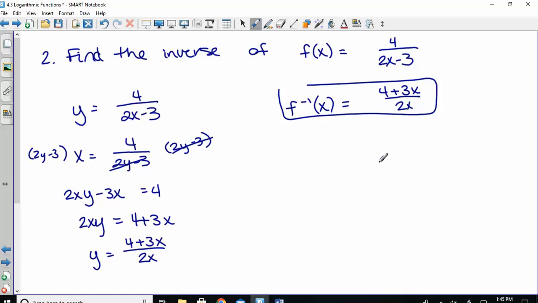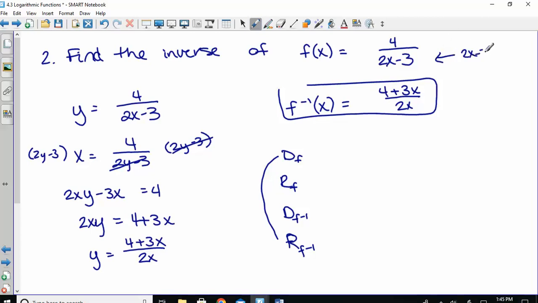I would probably also ask you to do domains and ranges on this. We did domain and range of the function, domain and range of the inverse. Remember, the domain of the function is equal to the range of the inverse. If I look at my original function and I want to find this domain, we know that in a fraction, what can't happen?